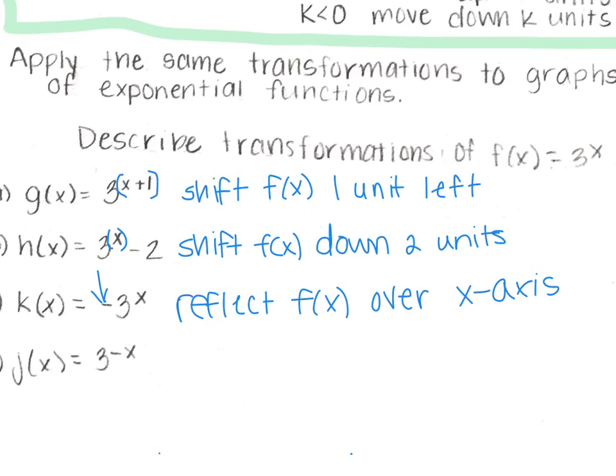And that's different from j of x, and if you look, you can see the negatives are in different places. j of x, when we have 3 to the negative x, that is going to reflect our graph over the y-axis.